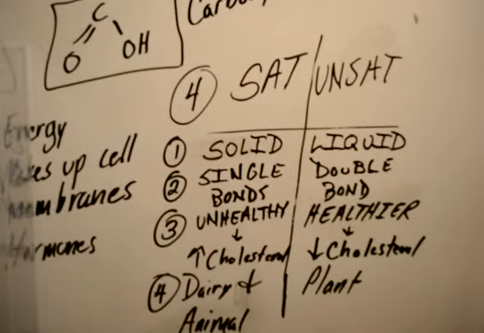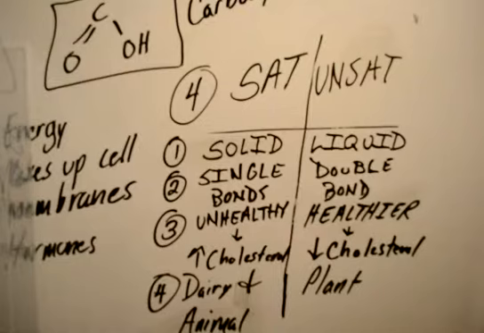So if you want to think about it in terms of butter versus, let's say, vegetable oil. Butter is actually found as a solid, whereas the vegetable oils, the canola oils, and the peanut oils are found as an unsaturated fat.